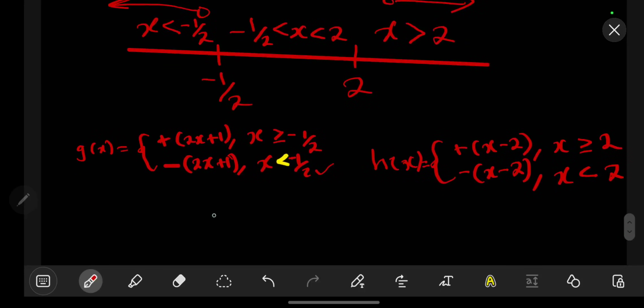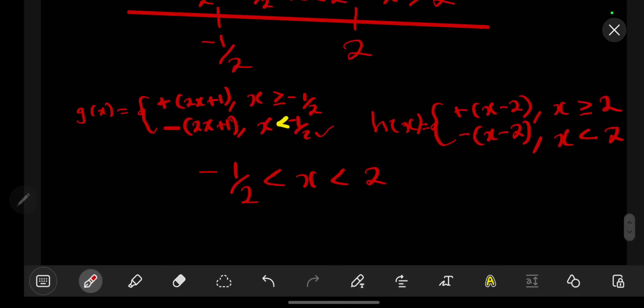Let's take this interval now, when we have -1/2 less than x less than 2. We are looking at the portion which is greater than negative half but less than 2.